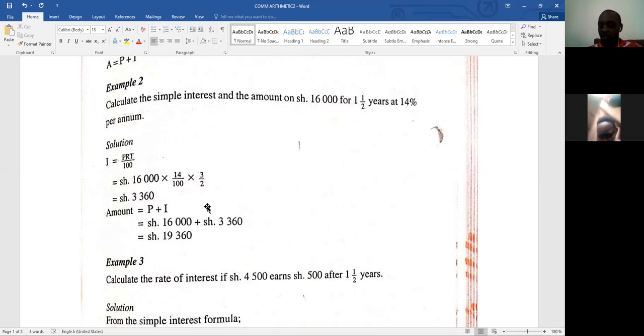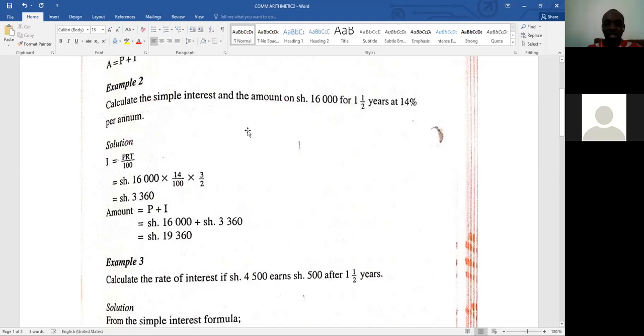Time is 1.5, or 3 over 2. Rate is 14%. So you are calculating simple interest on the amount of 16,000.